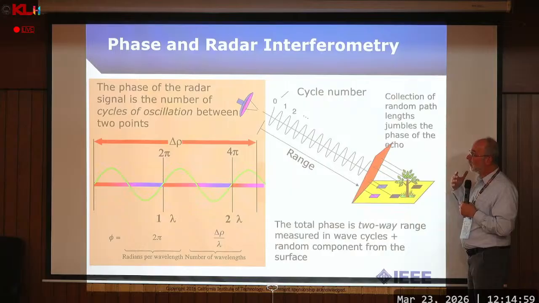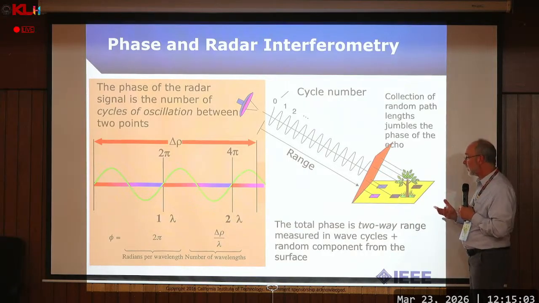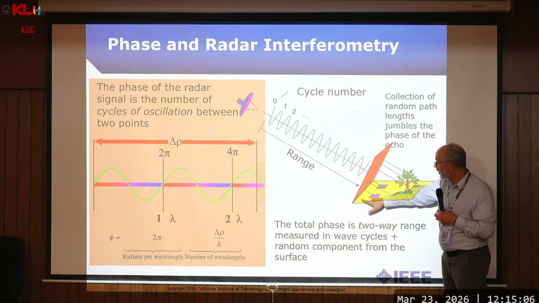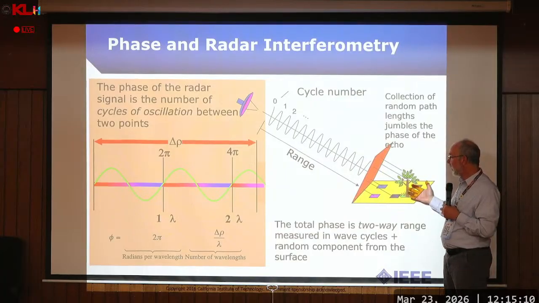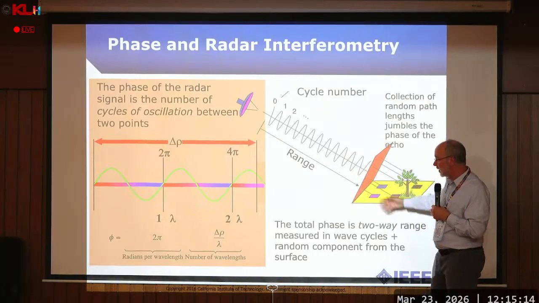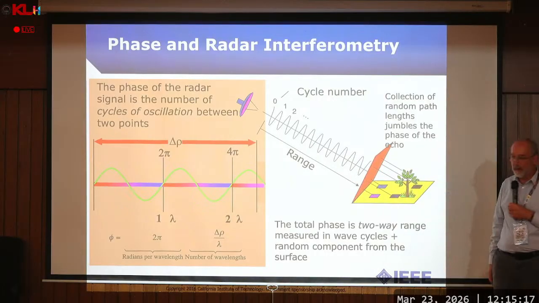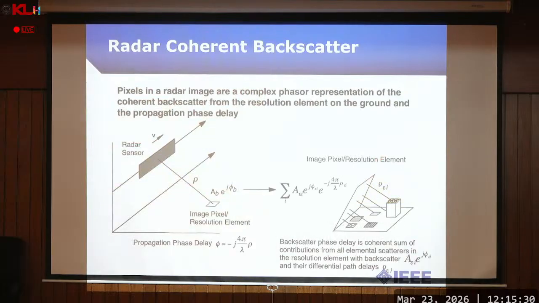However, in interferometric techniques, we're looking at comparisons between two images. And if the surface characteristics here are the same in the two images we're comparing, then the differences will be related to the propagation distance. And that's what we use for radar interferometry. So the phase is related to the range, as we talked about before. So we're measuring the differential range to very fine precision by looking at the phase.